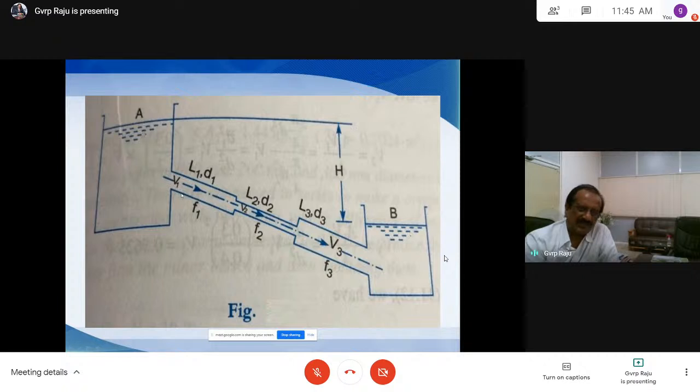Then from here to here, there is sudden contraction, so head loss due to sudden contraction is required to be taken here. That part is over. Again, we have friction loss here.